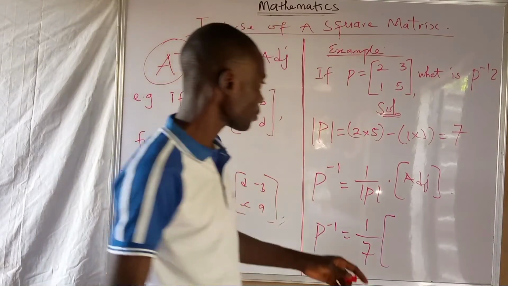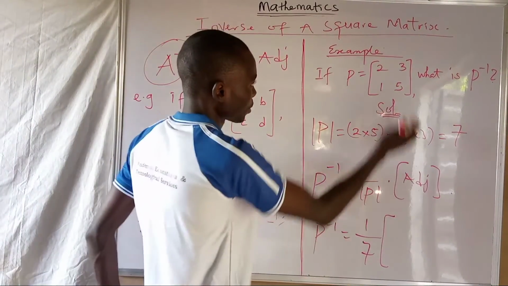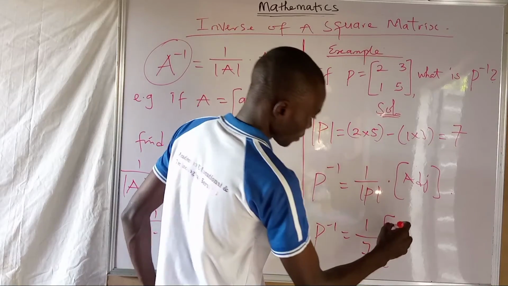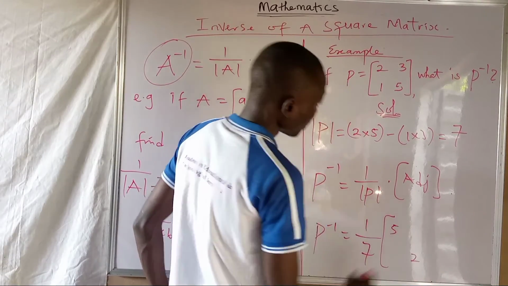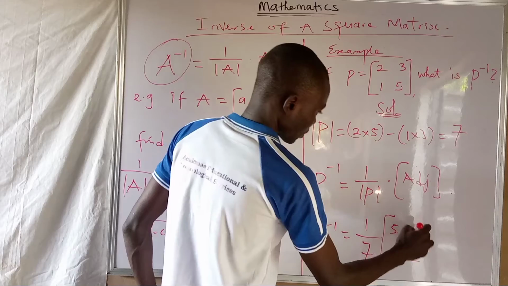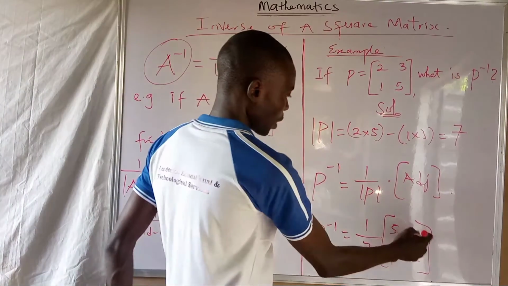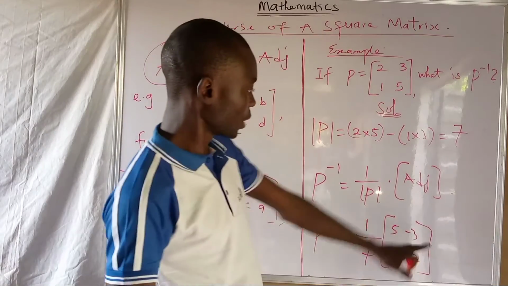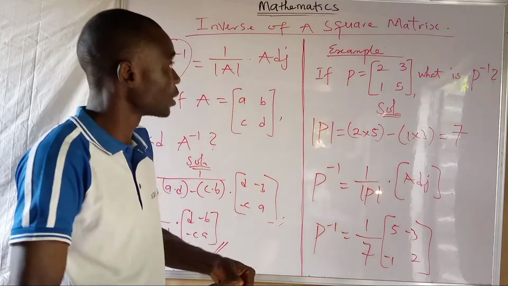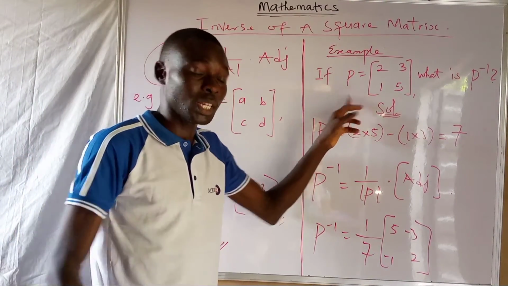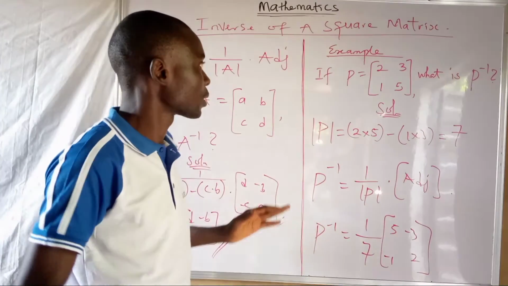Then the adjoint: 5 to 2, 2 to 5. So let 5 come here, let 2 be here. Maintain 3 and 1. However, don't forget, we are going to apply minus to them. So this is the inverse of this matrix P. It is as simple as that.